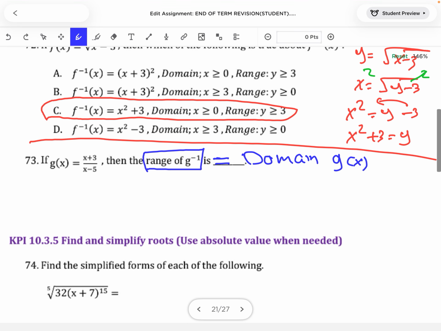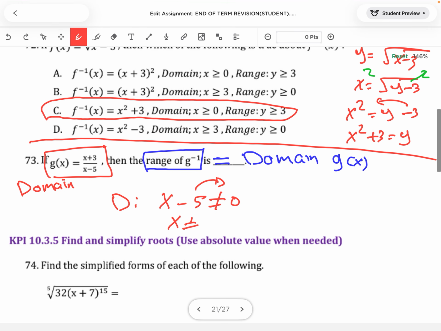So I need to find the domain of this. Since I have a fraction, or rational function as they call it, the domain is the values of x that make the denominator not equal to 0. Move 5 to the other side, so x should never equal 5. If I draw a number line, I don't need 5, but I do care about anything else except 5, from negative infinity to infinity.